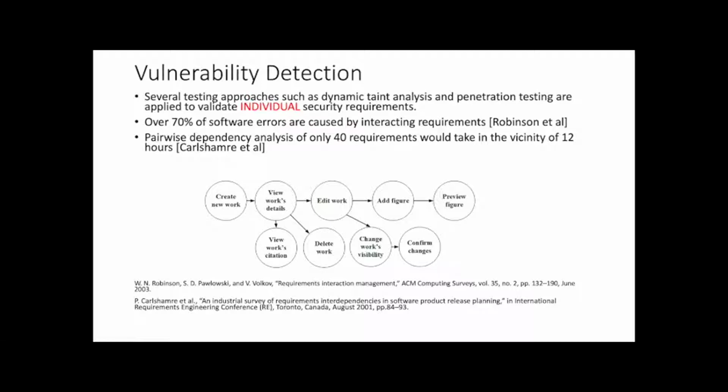Therefore, we think if we have those requirements dependencies, we can easily build a map like this figure, which can help us create test cases to systematically test all the dependency paths, with the hope that it can help us detect more vulnerabilities before we release software projects.